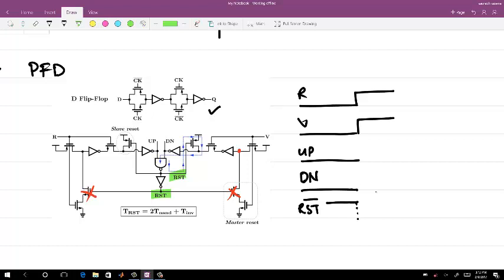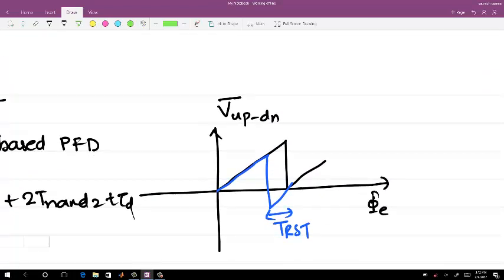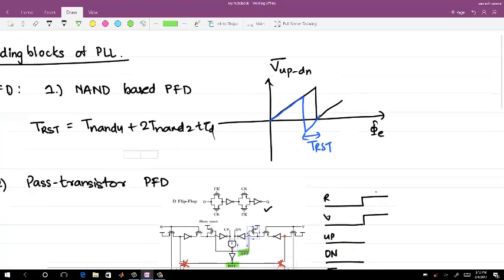In comparison to this, the NAND based circuit we saw in the previous lecture has no issues at all, because it's always tied to VDD and ground, and the potentials are always fixed.